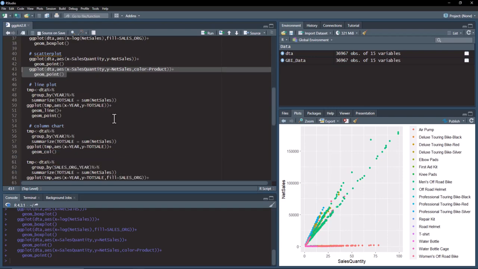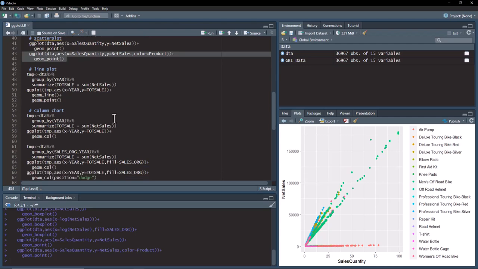We also might want to do a line plot, which would be similar to seeing a scatter plot. We're looking at an X and Y variable. Here I want to do year and total sales. So I need to create those. Each year I want to know what the total dollar value of sales for the company was.